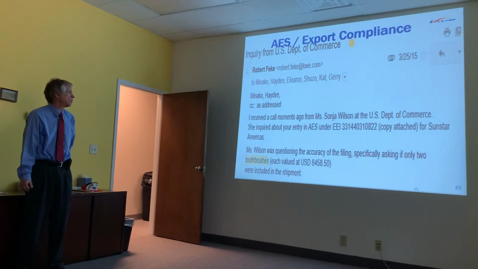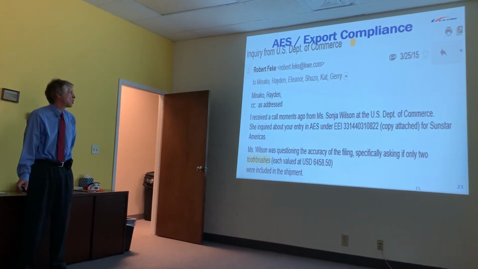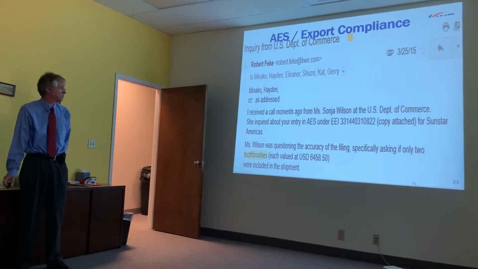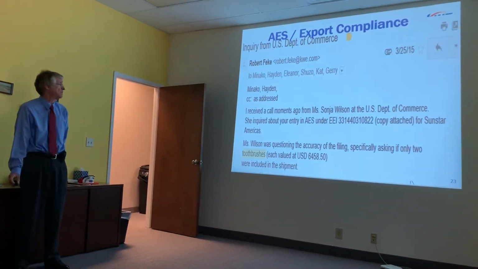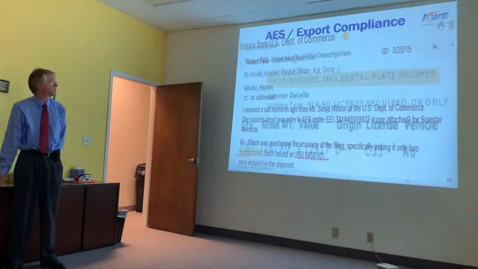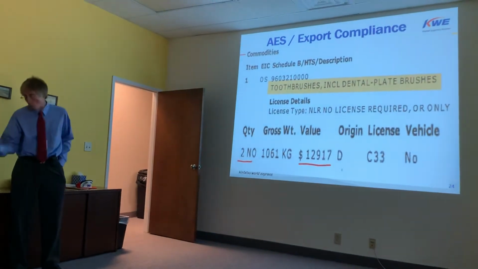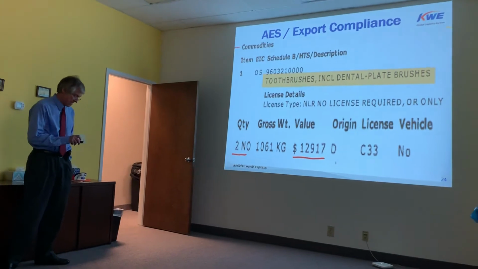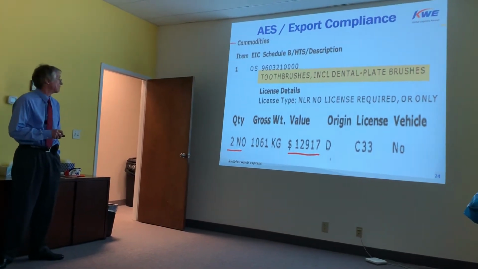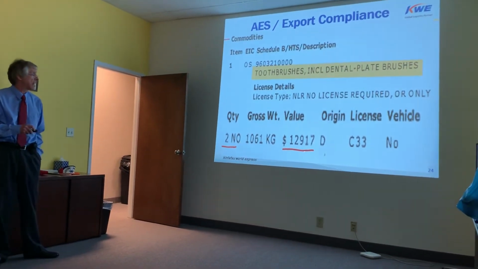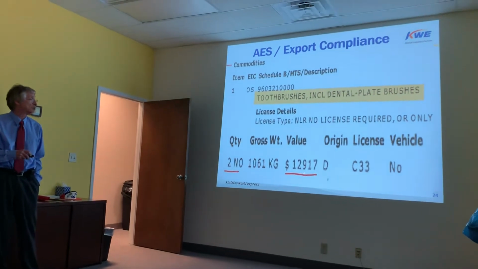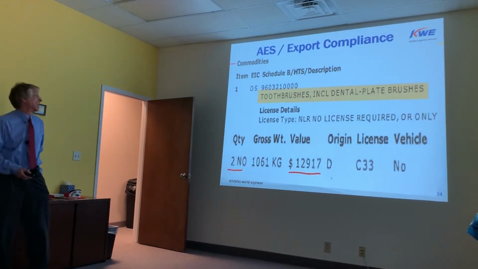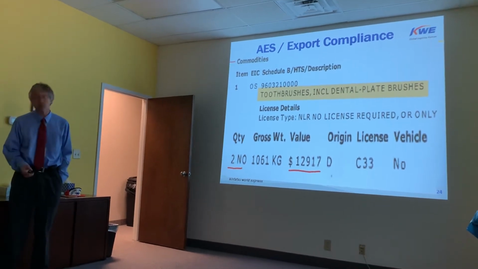Specifically, the person wanted to know if there were only 2 toothbrushes in the shipment, each valued at $6,458.50. She asked because we had a quantity of 2, but the total value of $12,917. So you can understand why she was asking that question.